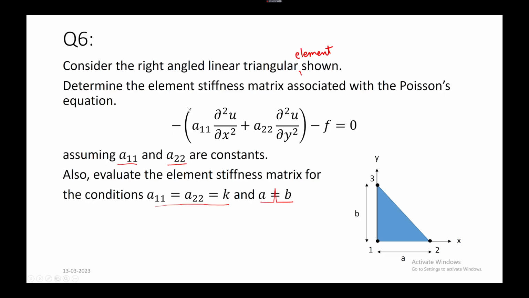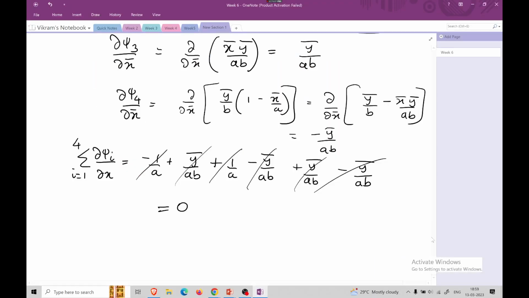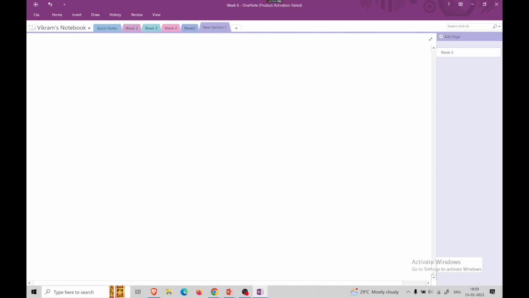Okay, so this is our question and this is the triangle. So you can see here my base is a and my height is b. So if I want to simply do the coordinates, this will be 0 comma 0, this will be a comma 0 and this will be 0 comma b, right? So we'll again go back to my notes and we'll try to solve this elaborately. So I have this, this is my triangular domain which is x and y.